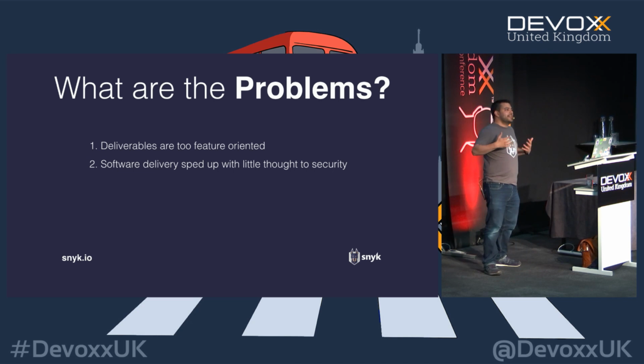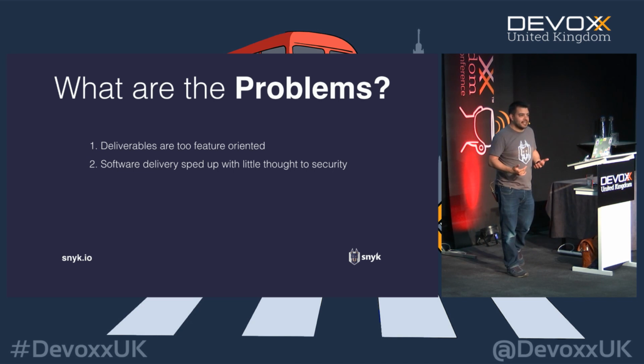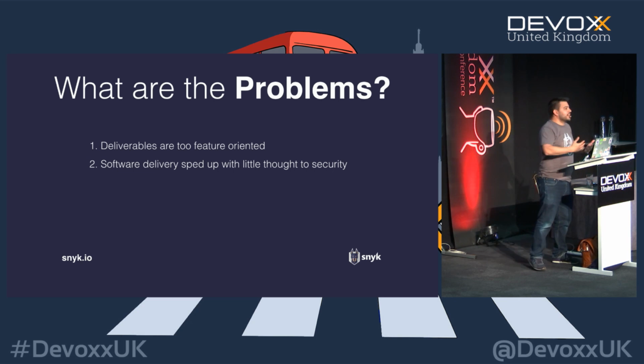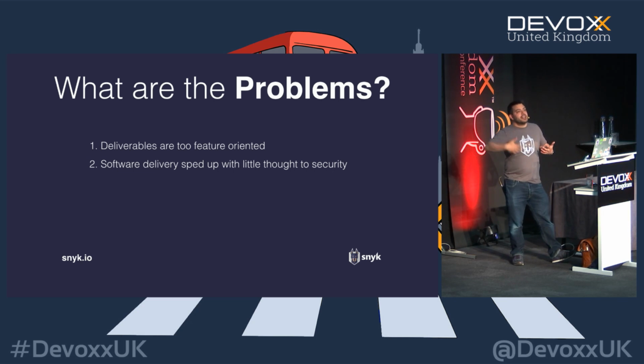When we're delivering so rapidly, we need to build performance and security considerations into our existing process, so that we know we're delivering code that is performant, that is secure, as well as sufficiently featureful.